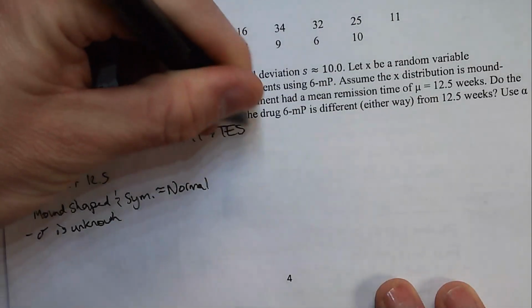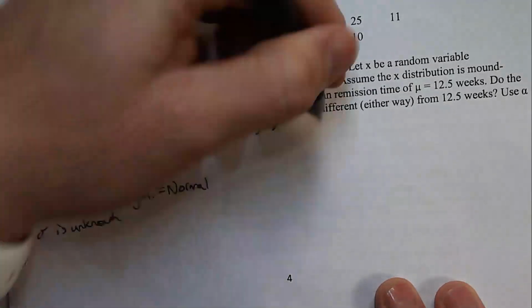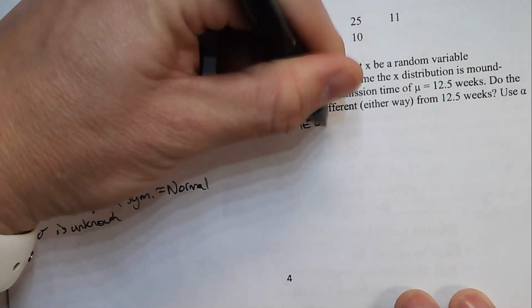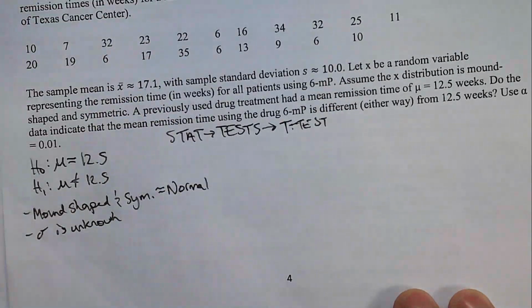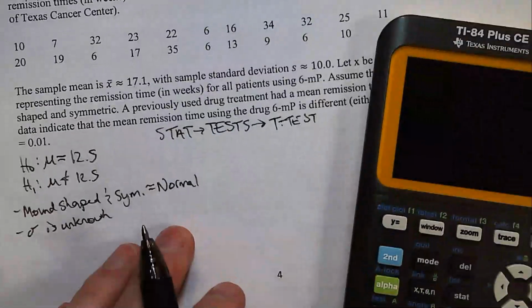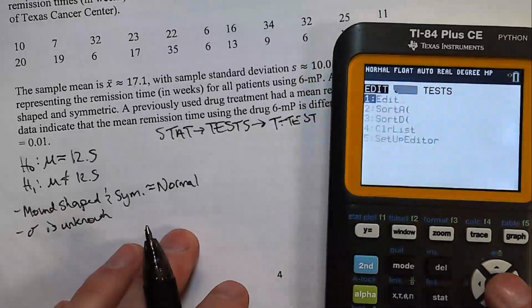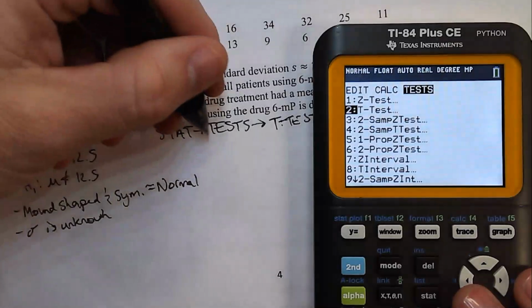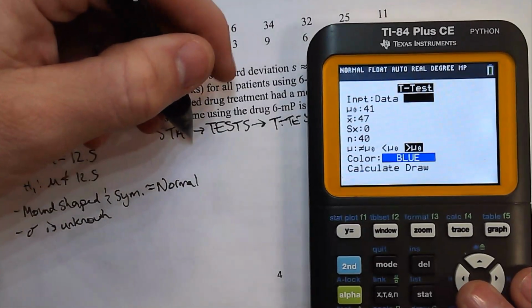So you can go to stat, test. We're doing a hypothesis test, and you're going to do t-test here. Stat, test, t-test, option 2. You've got stat. Mu naught is the null hypothesized mean, 12.5.